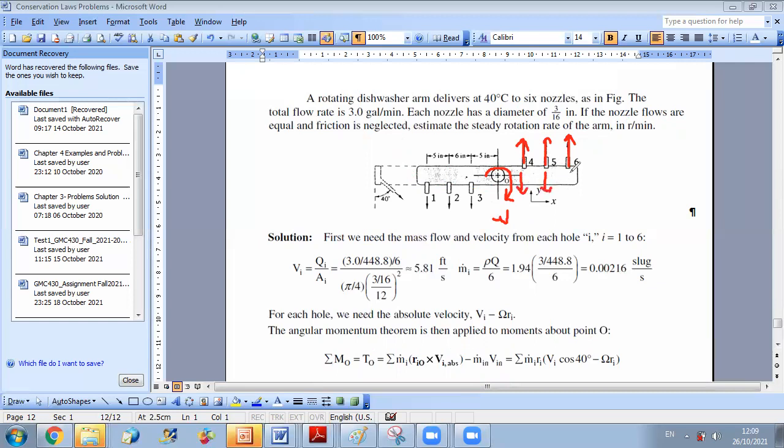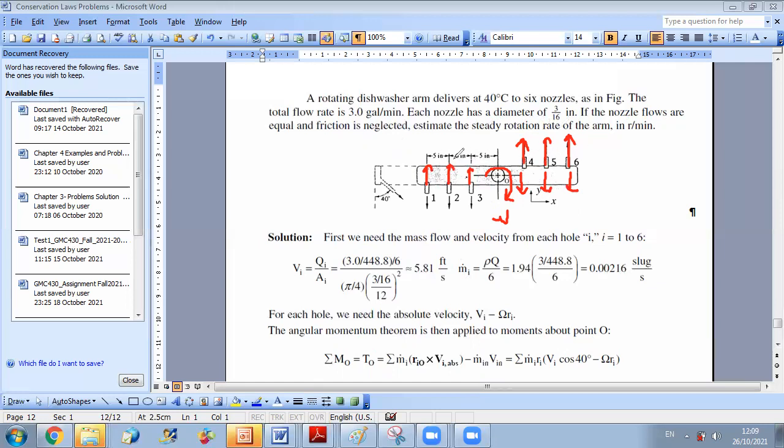So when I do the addition, they will be opposite. From this side, same: due to rotation the velocity will be up, while V relative is down. So for both cases I have a subtraction between the magnitude of Vi cosine 40 and omega R.